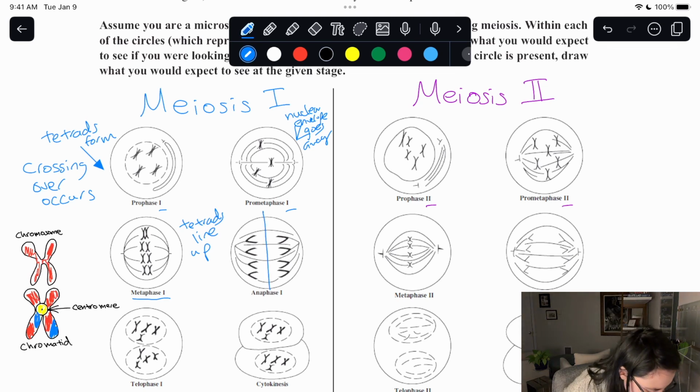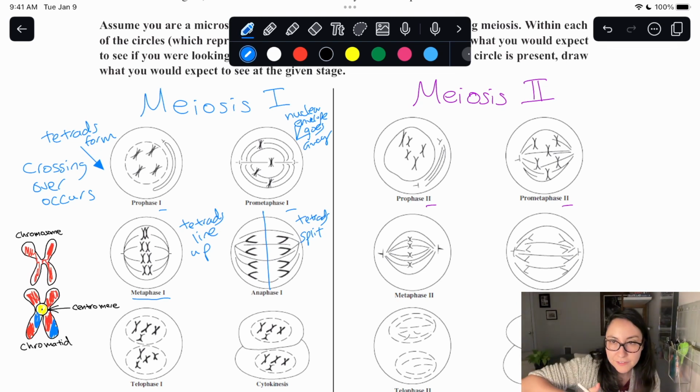Essentially, in anaphase 1, the tetrad split. You have the chromosome halved, and the chromatids are starting to pull away.